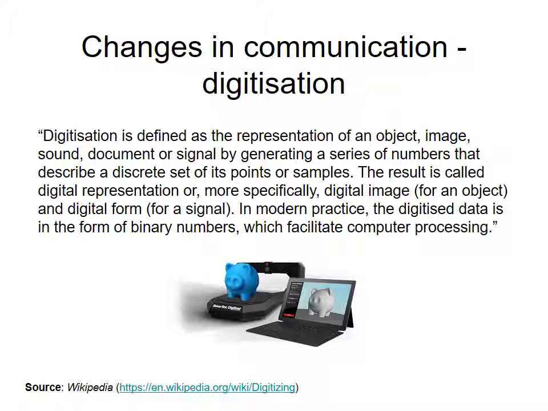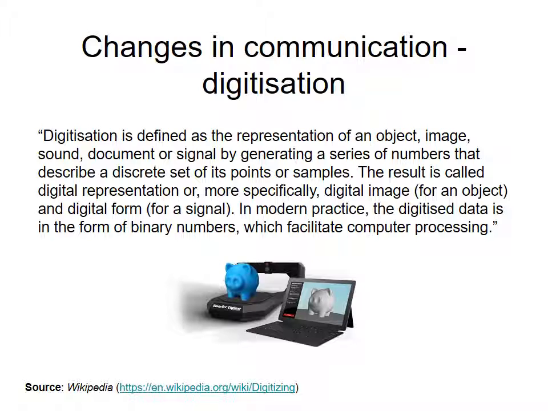It's taken from Wikipedia, and it is defined as the representation of an object or an image, sound, document, or any signal by generating a series of numbers, 1s and 0s, that describe a discrete set of its points or samples. So the result is called digital representation, or more specifically, digital image for an object, or digital form for a signal.